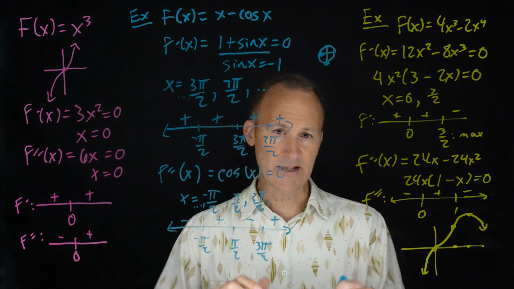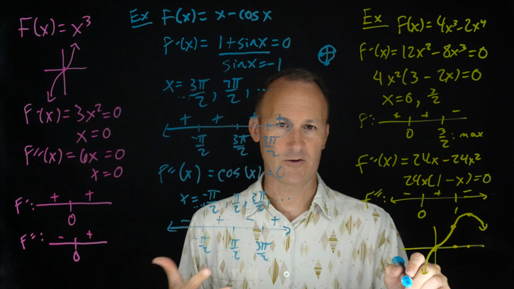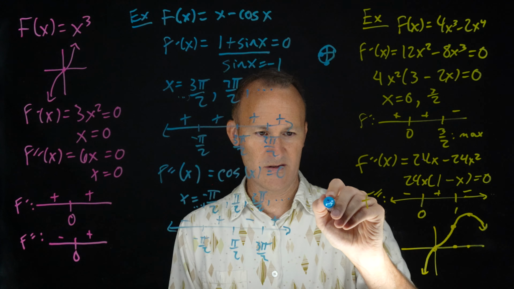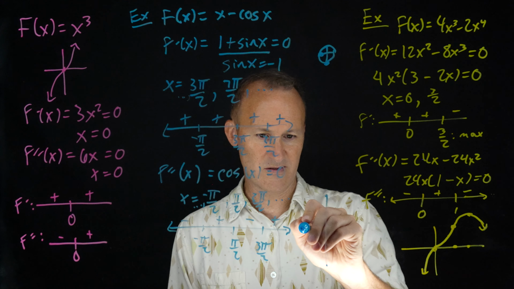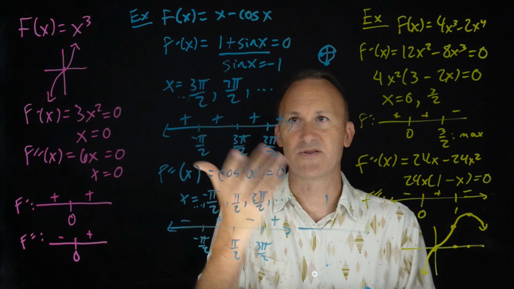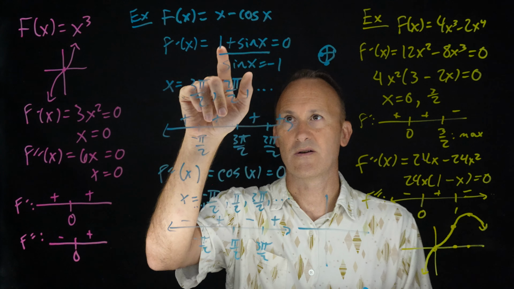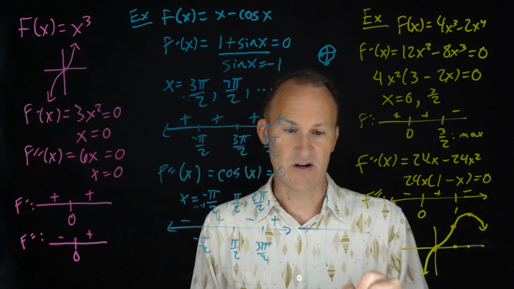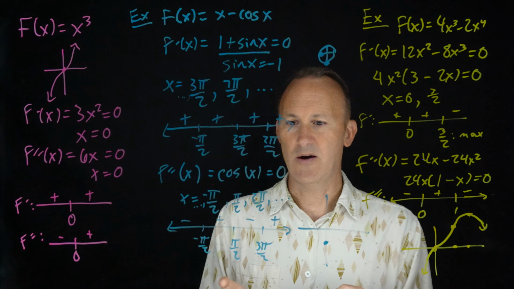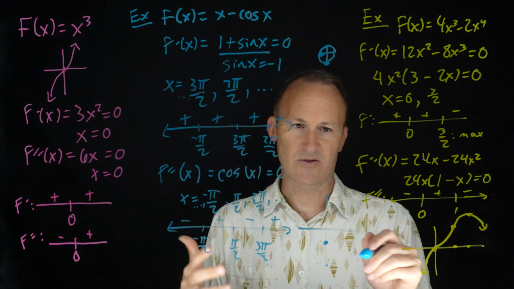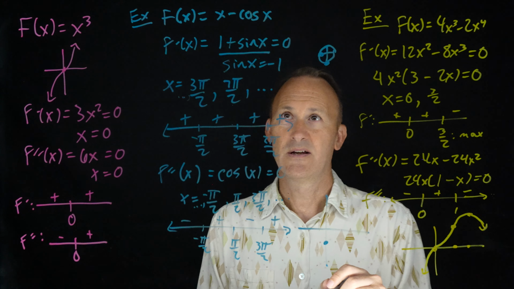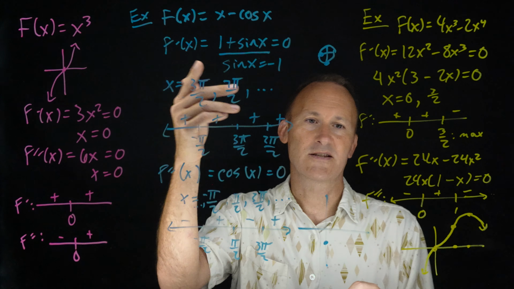So what the heck does this graph look like? Let's attempt to draw it. Now, when we do this, it's good to have a value, right? Like 0. What is the function at 0? It's 0 minus cosine of 0, which is 1. It's negative 1. Okay, so there's a point. Now, our next critical points around that are the negative pi over 2 and pi over 2. And so it's hard to say exactly what it is.